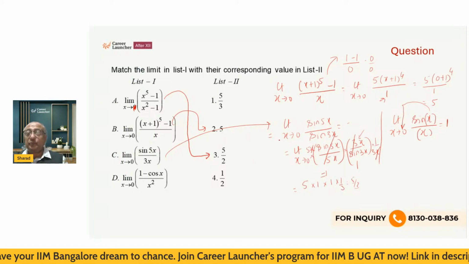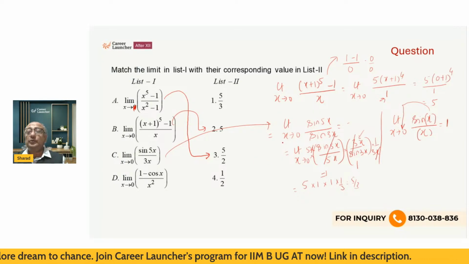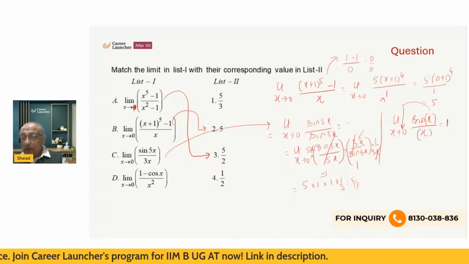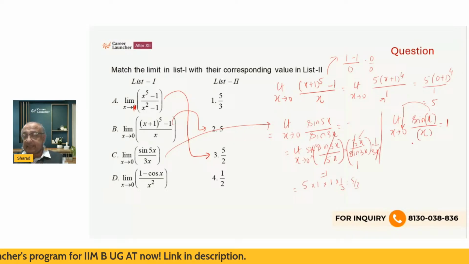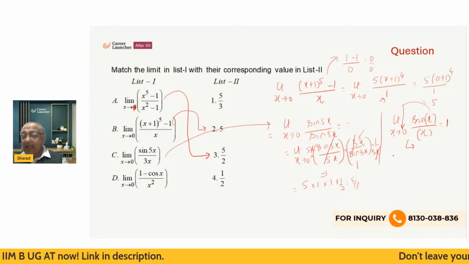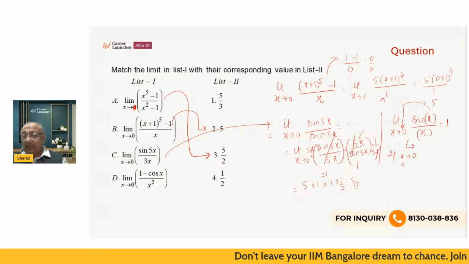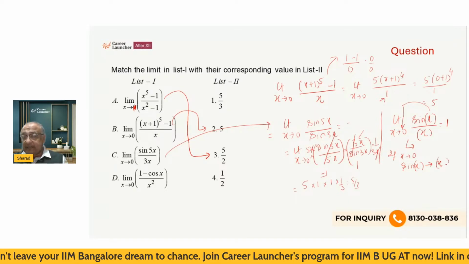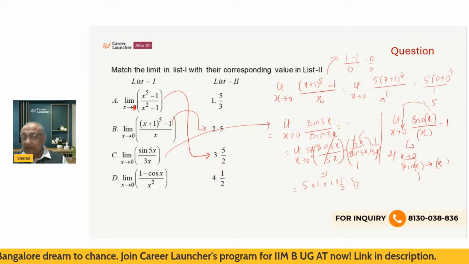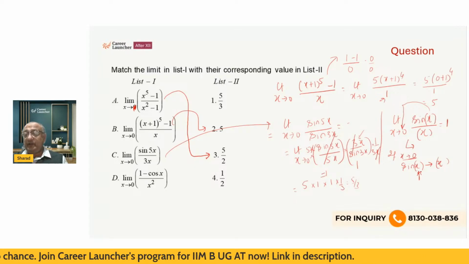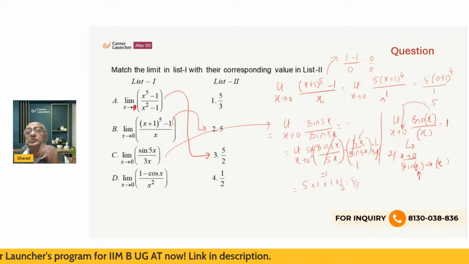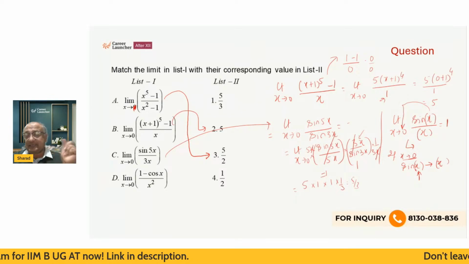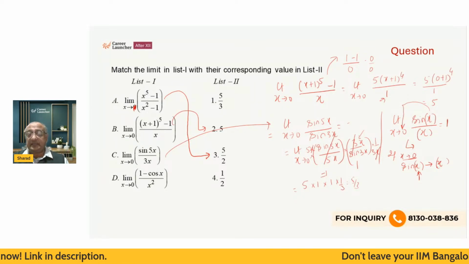Let me give you a super trick. A super duper trick. Go to whatever is written inside sin x. If x is in the neighborhood of 0, then sin x will be tending to x. The only funda is that x tends to 0 means whatever is written inside should be infinitesimal. If it is infinitesimal, it's a super trick, you will just get it like this: sine x will tend to x.